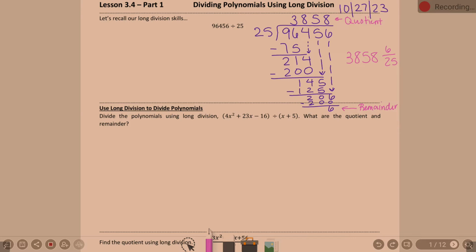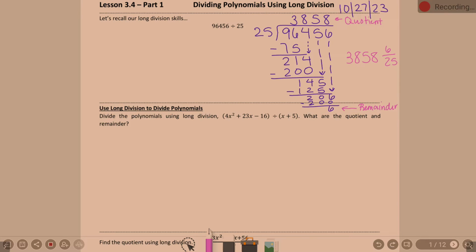Does that ring any bells? No. We don't remember the fraction part? Okay. That was one option you had, kind of after you learned remainders, probably before you did decimals. You can express your answer as 3,858 and 6/25. Okay. There is a decimal answer, but I don't care about the decimal answer today. Okay. My hope is that reviewed long division a little bit.